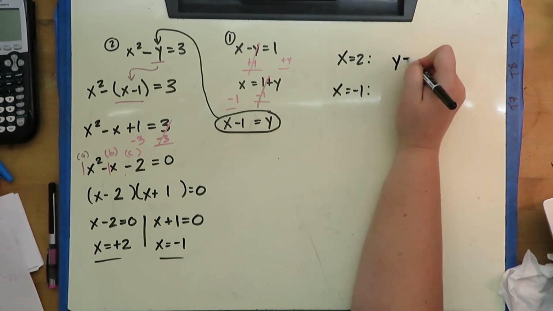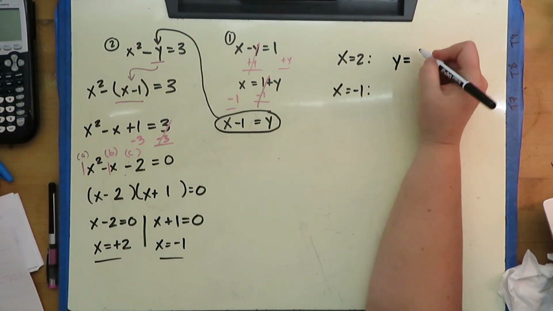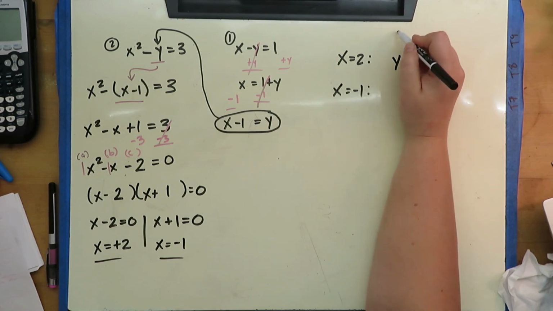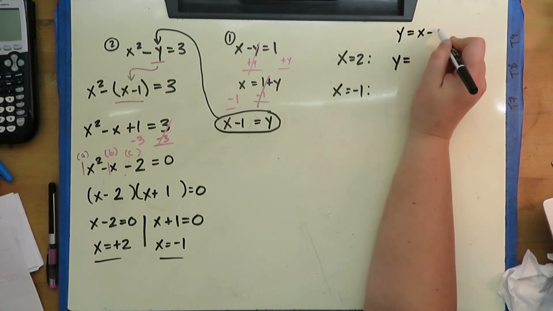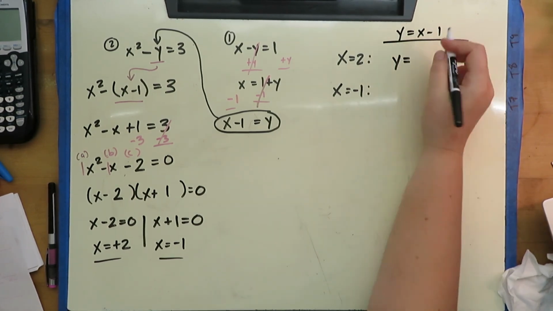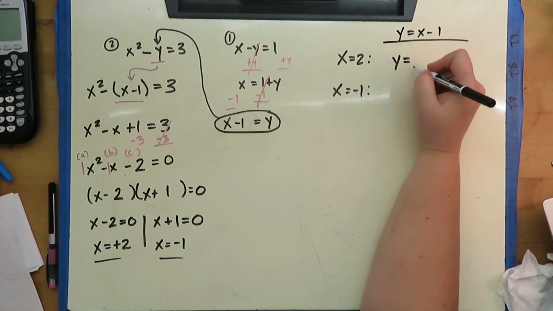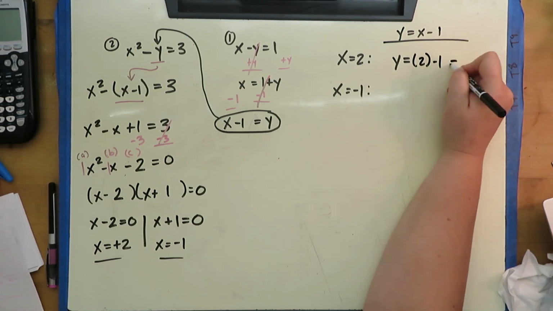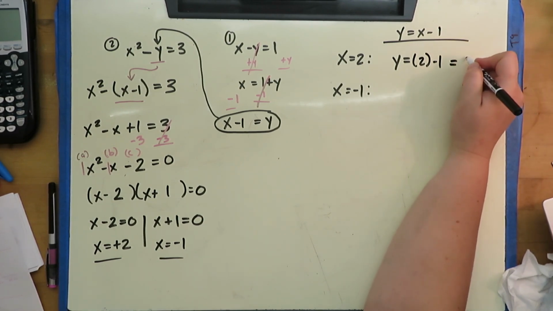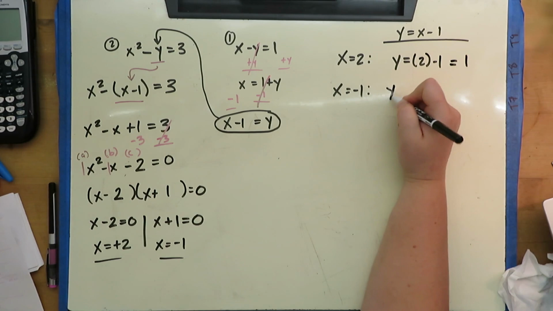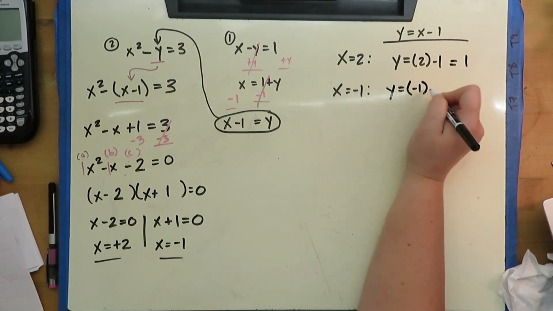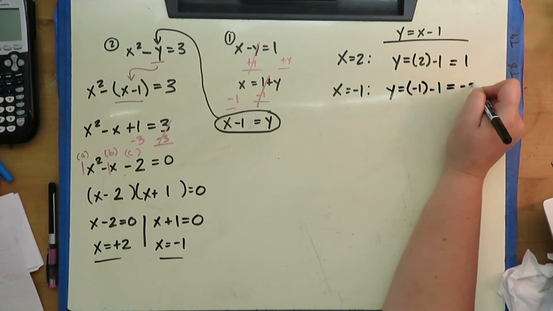So y is equal to x minus 1. I'm going to show my substitution in right here. So y is going to be x, x is 2, minus 1. So in this case, y is equal to 1. Here, when I do this, y is equal to a negative 1 minus 1. So y is equal to a negative 2.